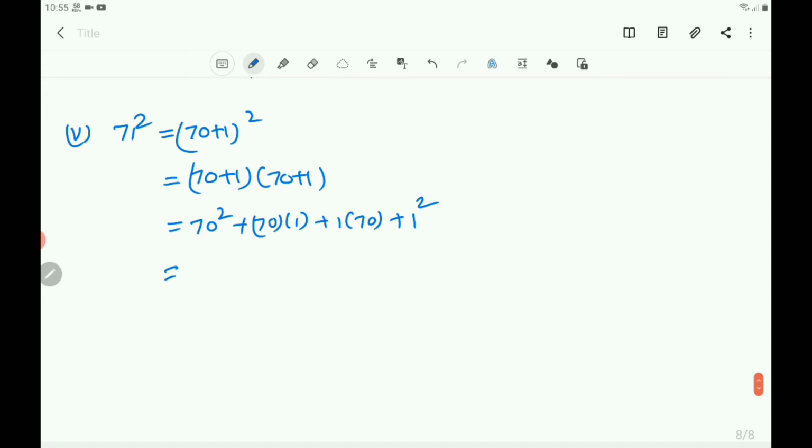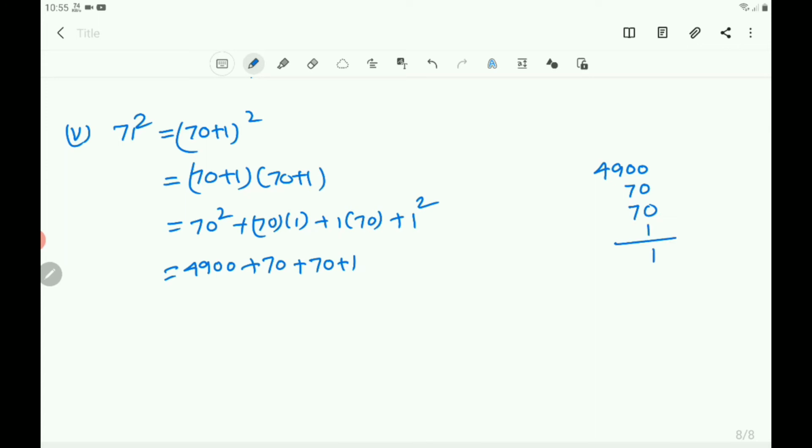Then 7 square is 49, so 70 square is 4900. 70 is having 1 zero, therefore its square is having 2 zeros. Plus 70 into 1 is 70, plus 1 into 70 is 70, plus 1. So it is 4900 plus 70 plus 70 plus 1.